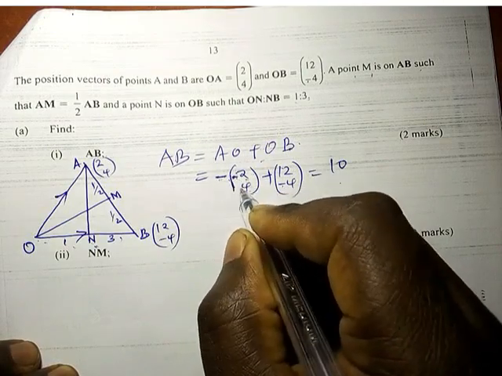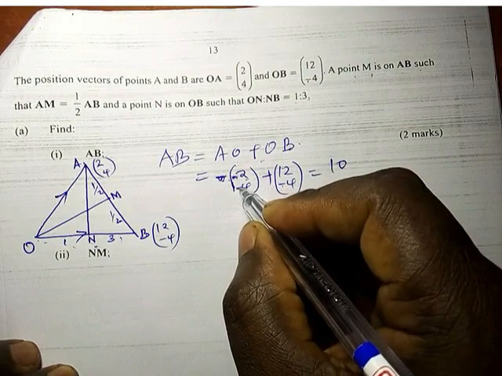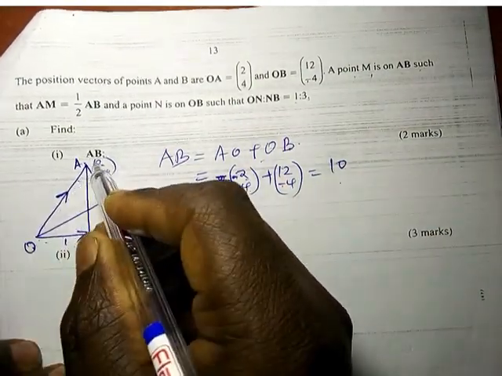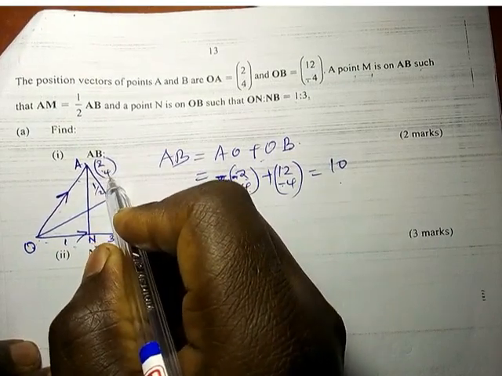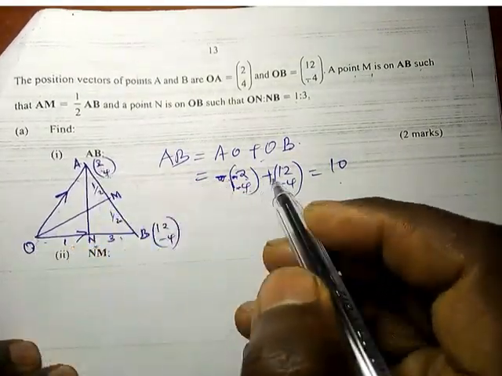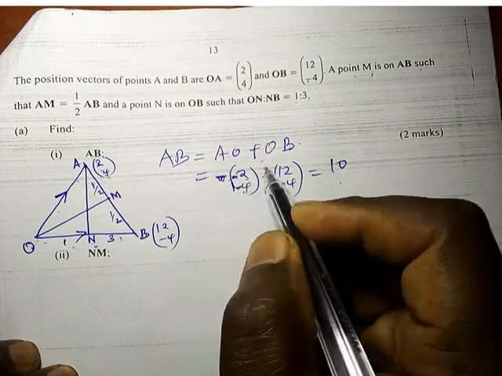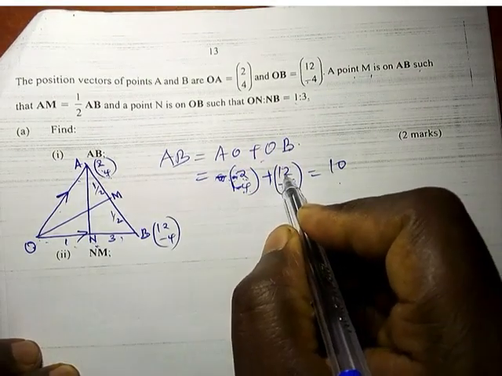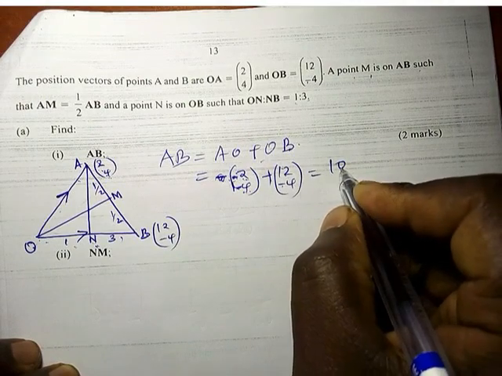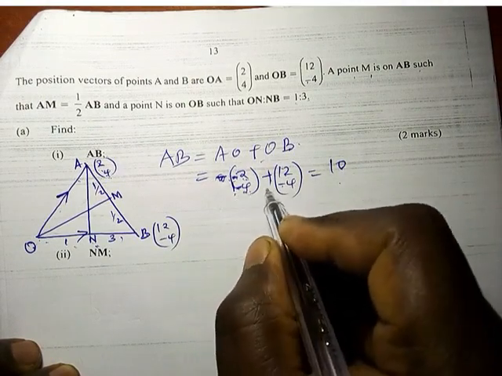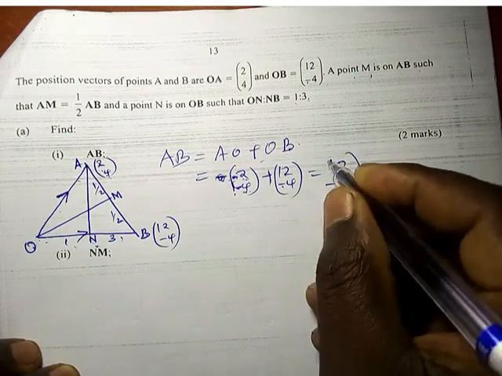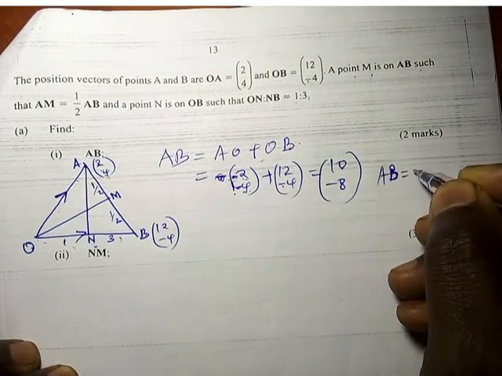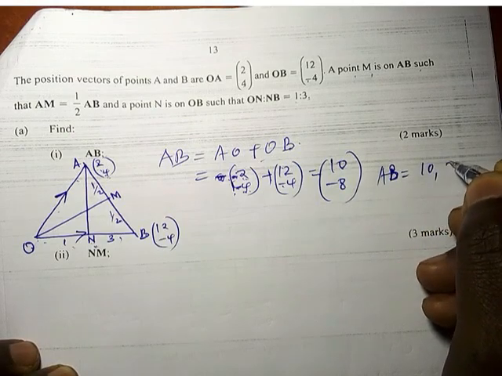In fact, let me put it on the negative side. I have put this negative because we are going the opposite direction. From OA it is 2, 4. So when we go back like this it becomes negative, that is why I have put negative. Okay? So negative 2 plus 12, the answer is 10. Negative 4 plus negative 4, the answer is negative 8. So AB is equal to 10, negative 8.